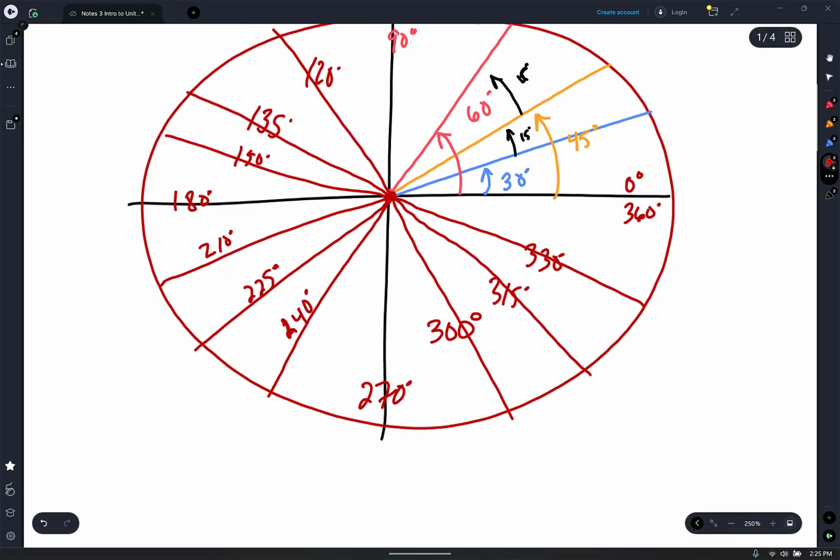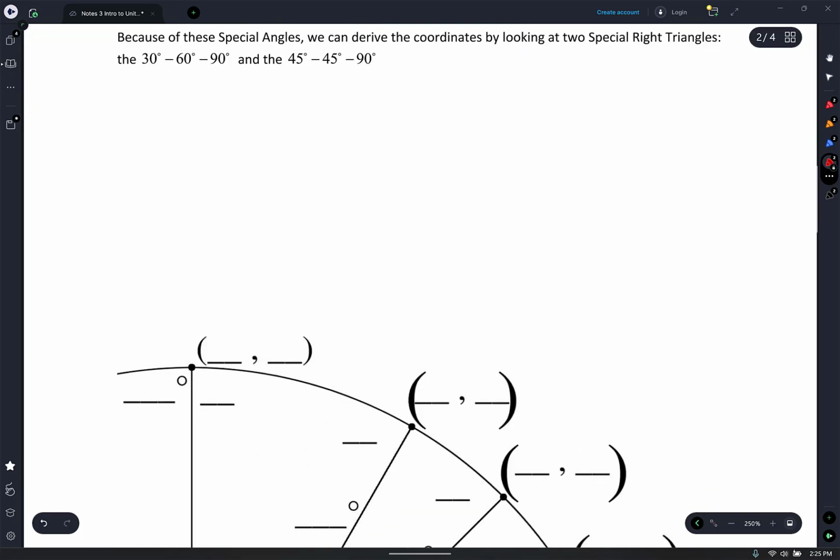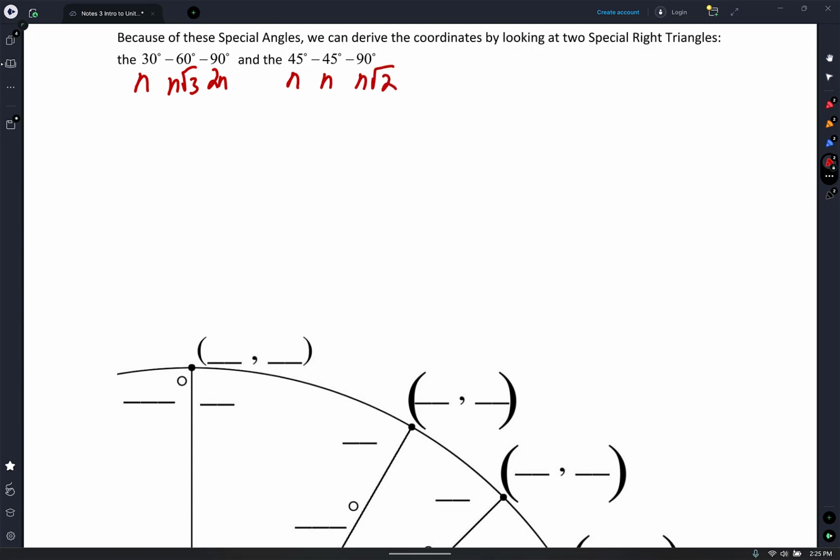All right, here we go, guys. So 30, 60, 90, 45, 45, 90 triangles. On the 30, 60, 90, you have n, n square root of 3, and 2n. And maybe you're getting tired of this because we've been doing this for a while. And on the 45, 45, 90, it's n, n, and n square root of 2.